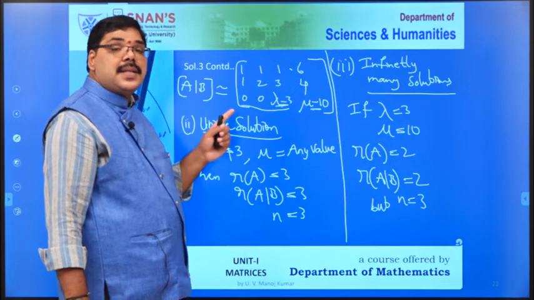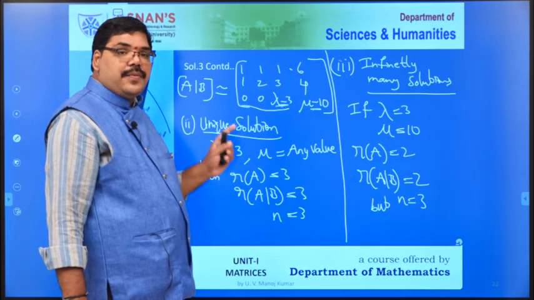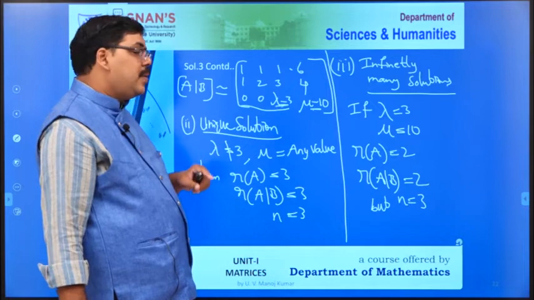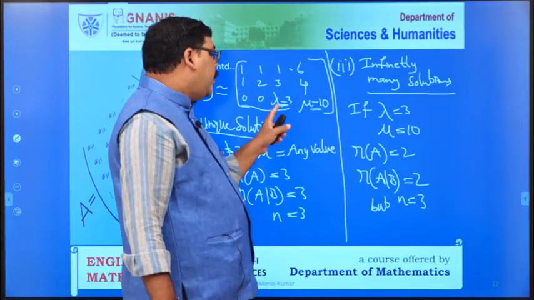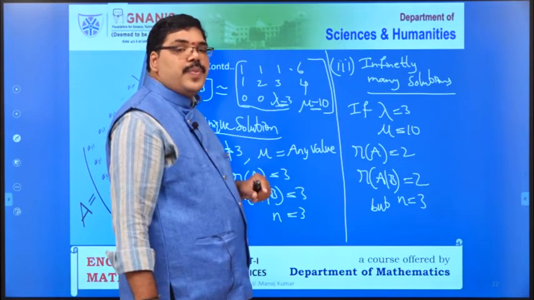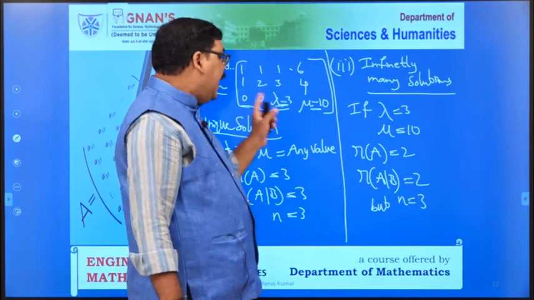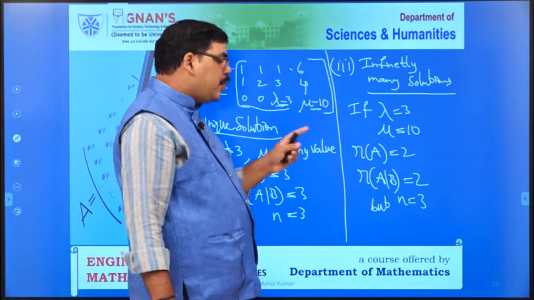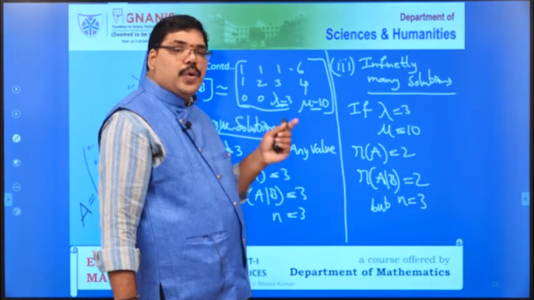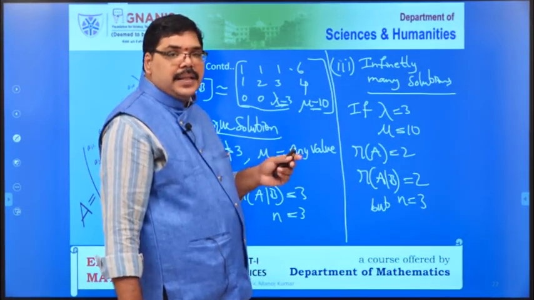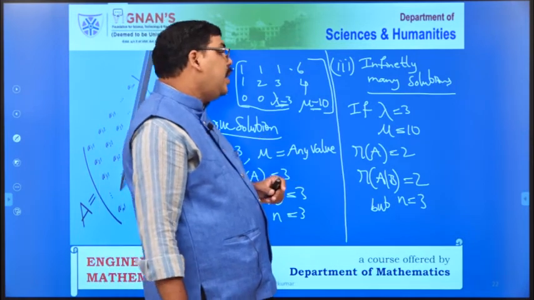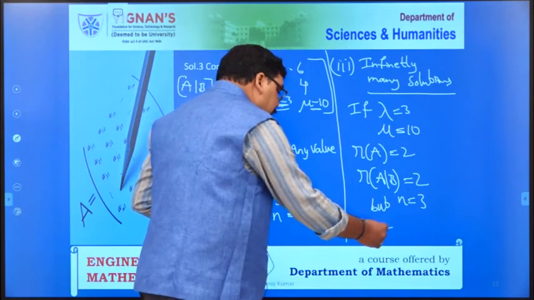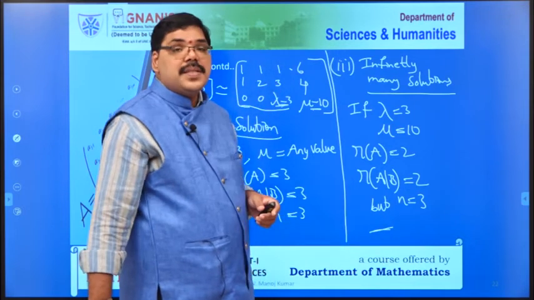The system has 3 variables, therefore the system has a unique solution. When lambda equals 3 and mu equals 10, the last row becomes 0. So A and also AB will have rank 2, and both ranks are the same, but they are not equal to the number of variables. So the system has infinitely many solutions. In this way, the given problem is completed.